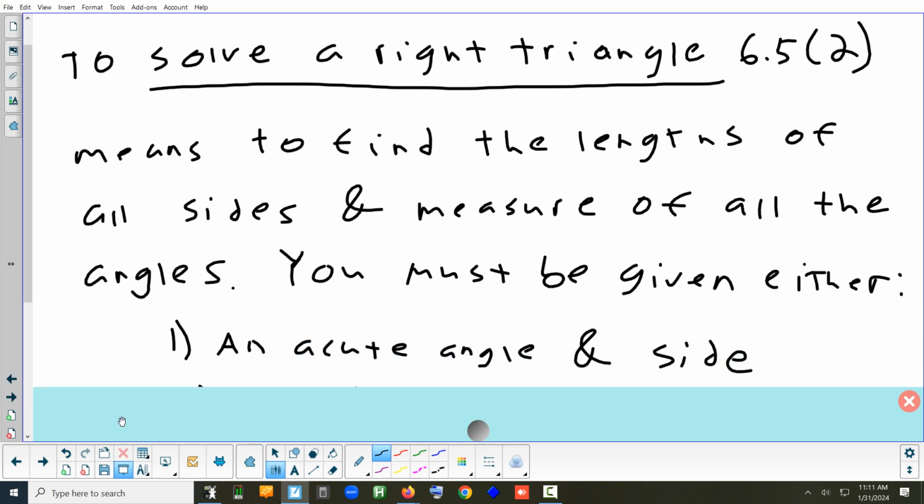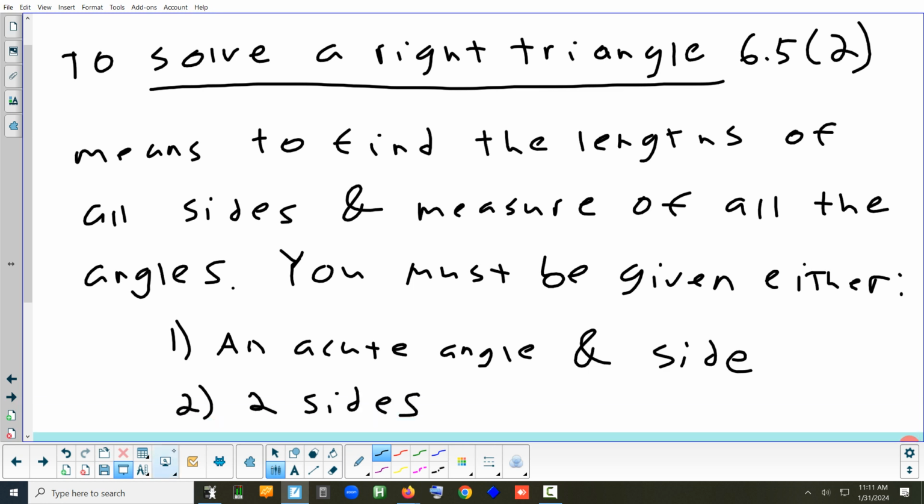I can either give you the other angle and the length of one of the sides, or I can just give you the length of two of the sides. So either way, you're always starting the problem off knowing three things: a 90-degree angle, another angle, and a side, or the 90-degree angle, a side, and a side. So you always have three things to start the problem, and then you have to find the three other ones.